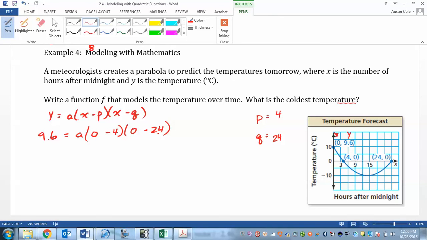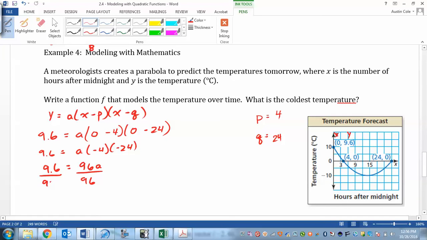In my mind, the number one place to make a mistake would be getting our signs right on our P's and our Q's. Now I get 9.6 equals a times -4 times -24. A negative times a negative is a positive, so what's 4 times 24? That's 96, so I get 96a, and then I can divide both sides by 96.